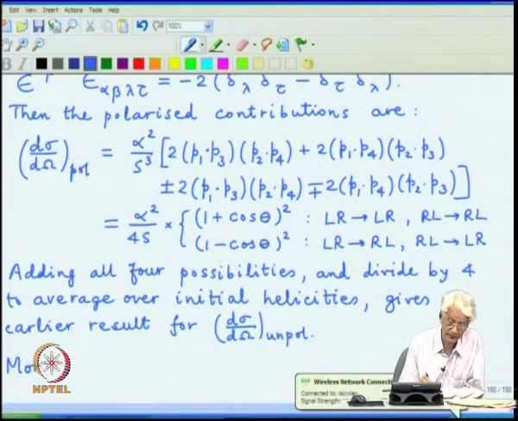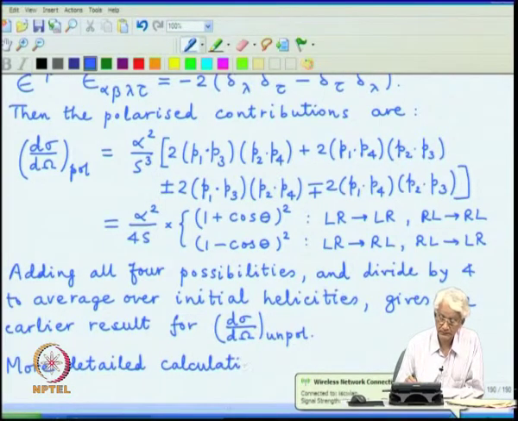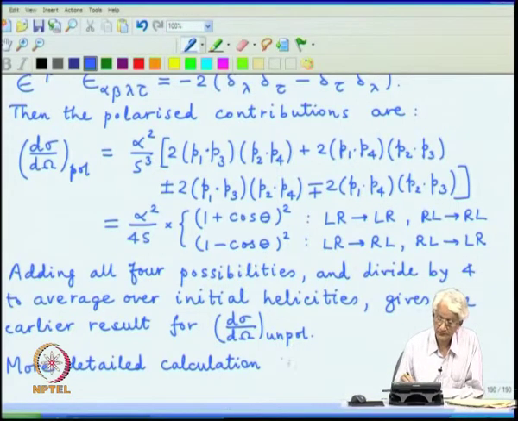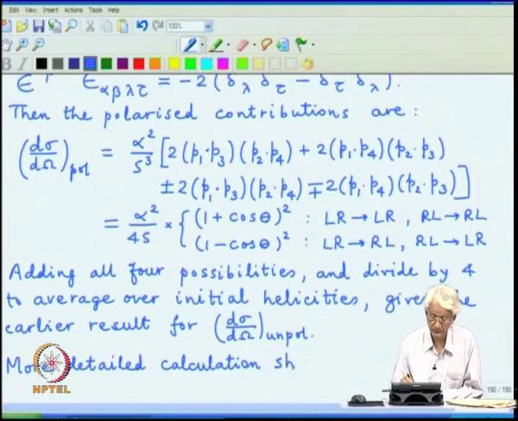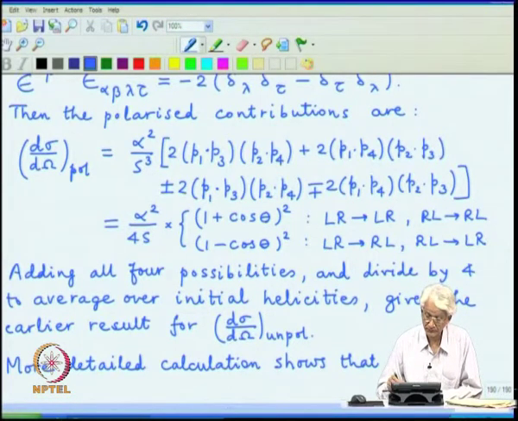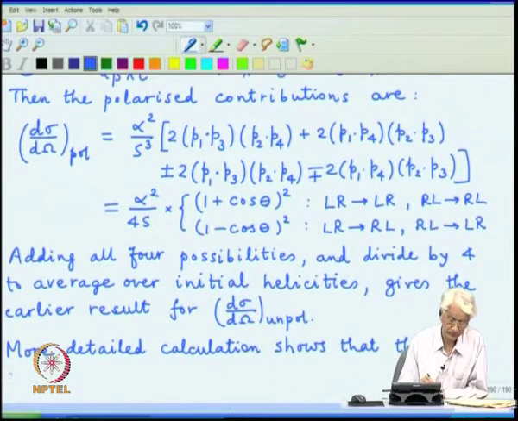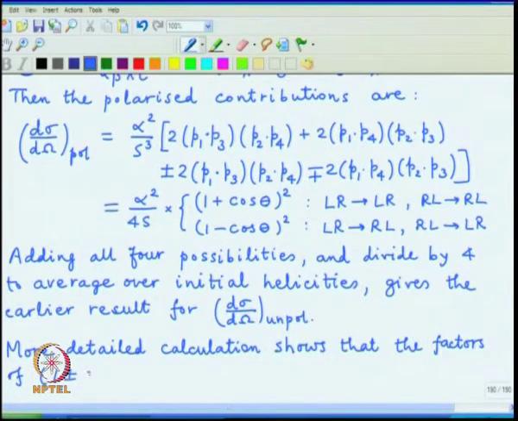So, a more detailed calculation shows that these factors of 1 plus or minus cos theta, which are appearing as squared in the cross section, appear in the calculation of the amplitude itself, and they are a consequence of these helicity properties.